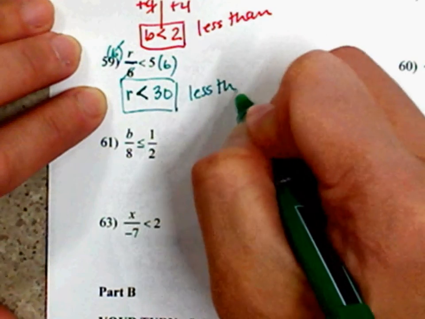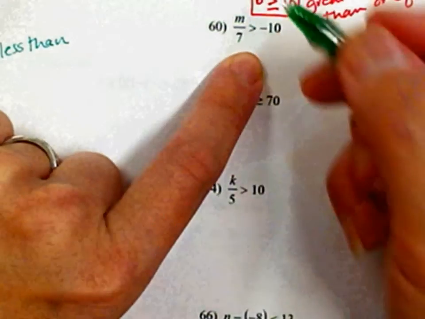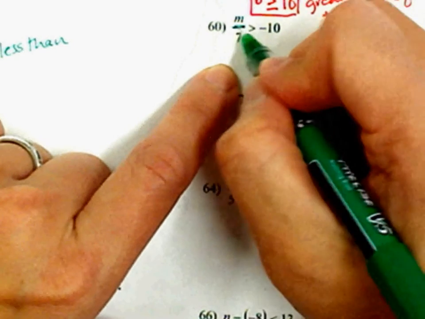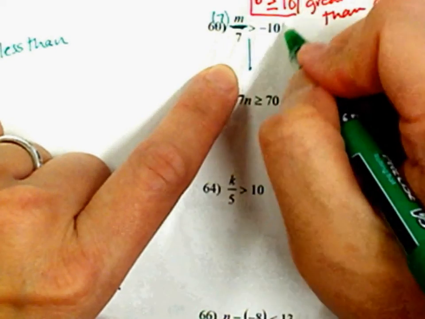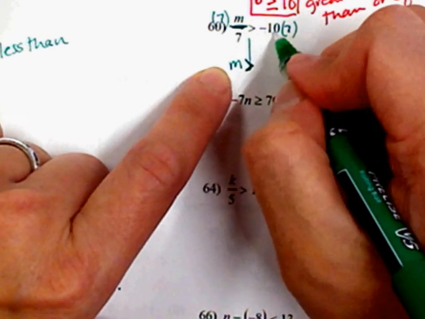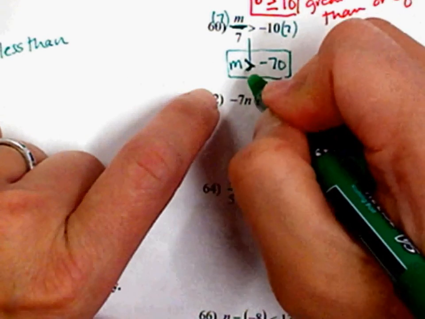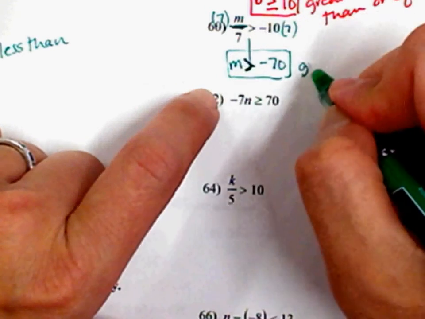Okay. Number 60. There's your dividing by 7, so you're going to multiply by 7. Negative 10 times 7 is negative 70. So M is greater, see how there's 2 of them, than negative 70.